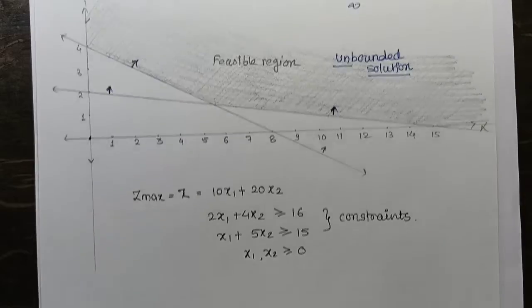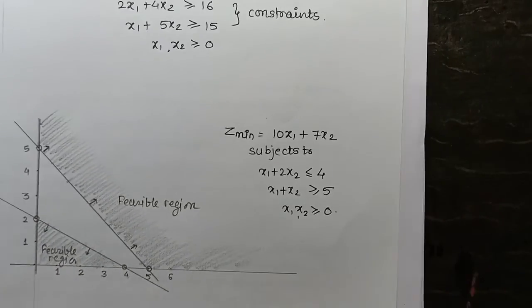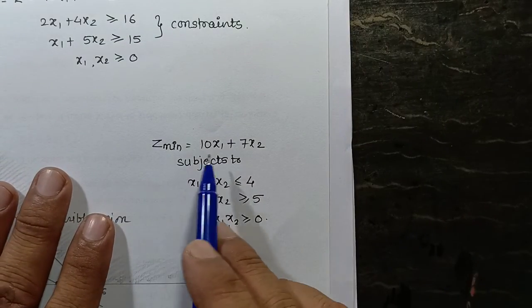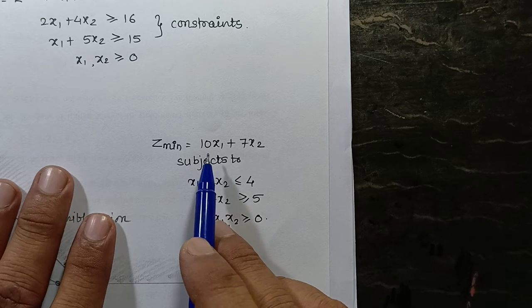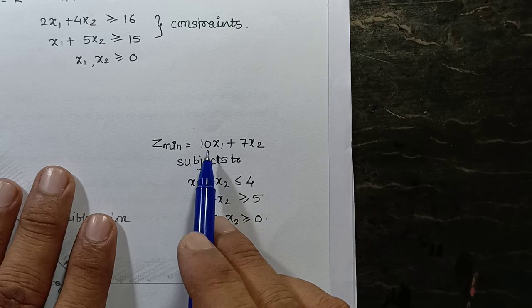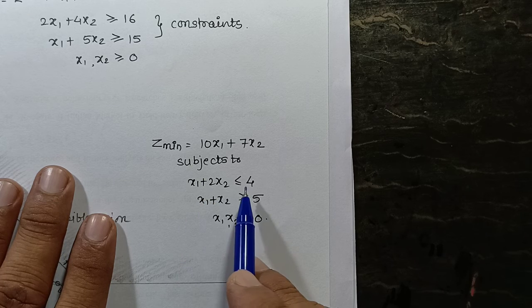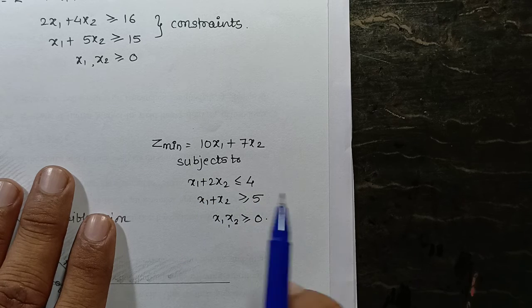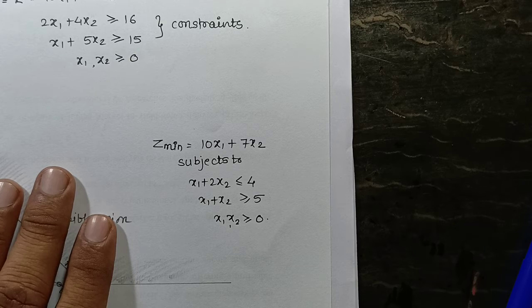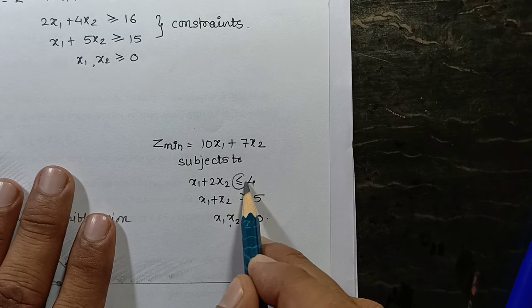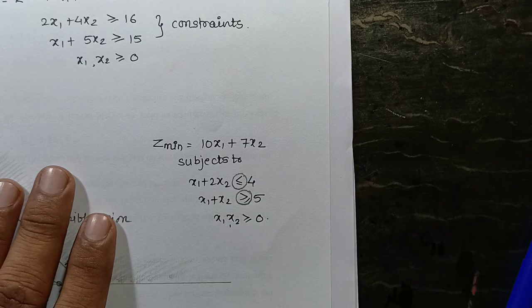One more thing I need to consider. Suppose this is a problem given where Z minimum we need to identify, and the objective function is 10x1 plus 7x2 subject to x1 plus 2x2 is less than 4 and x1 plus x2 is greater than or equal to 5. Now just look at both the signs, these are exactly opposite to each other.